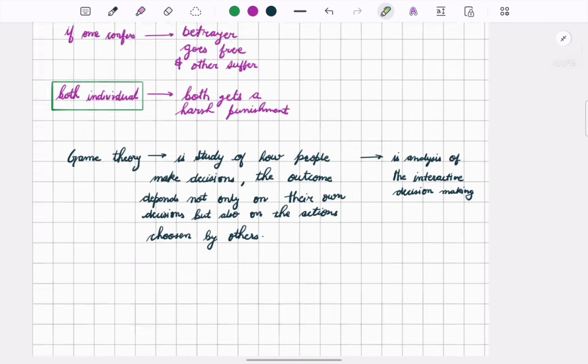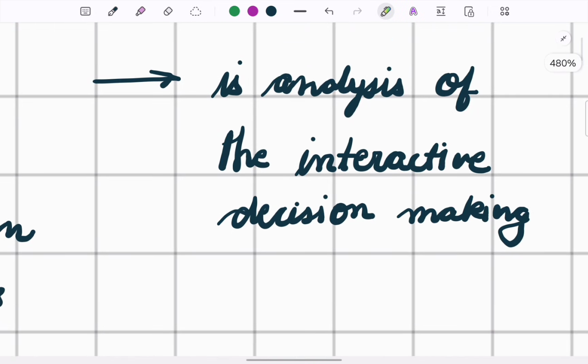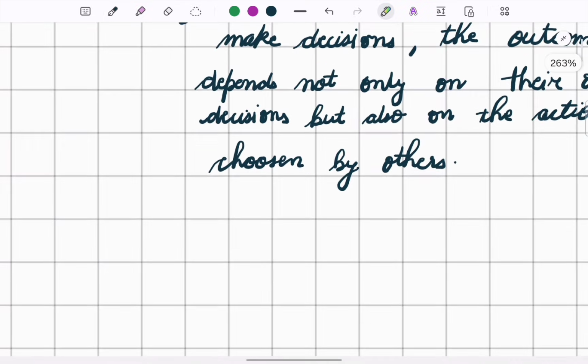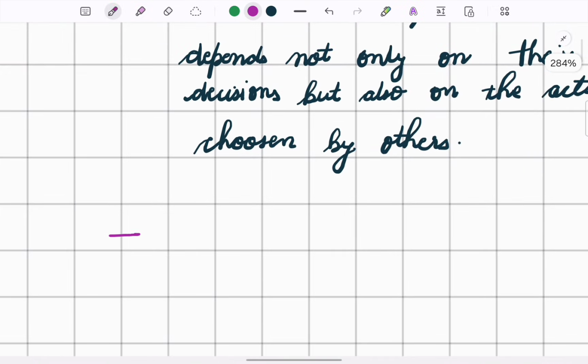So you can add the key term: analysis of interactive decision making between rationally thinking individuals, or I can write it at this point downside.